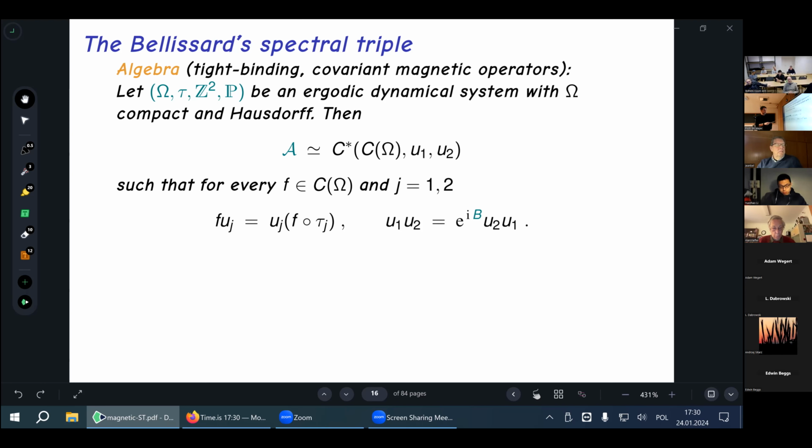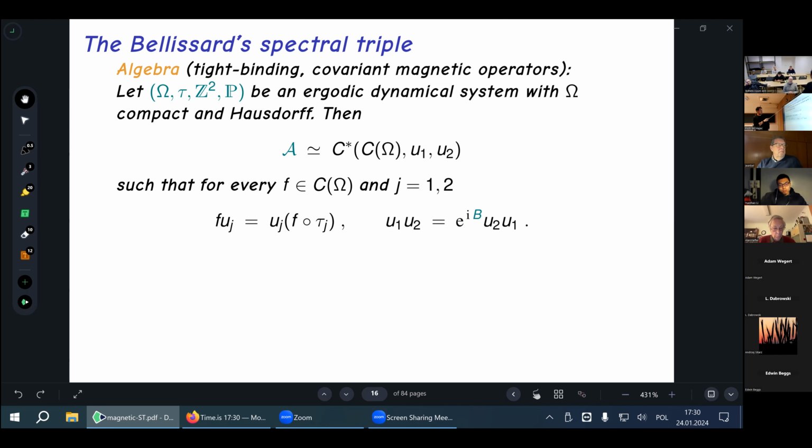I need the continuous functions on this space, C(Omega). And I need also to understand how these functions and these unitaries interact. In some sense, what I'm saying here is that when I commute f with the unitary U_j, I'm just translating the function in the direction j.